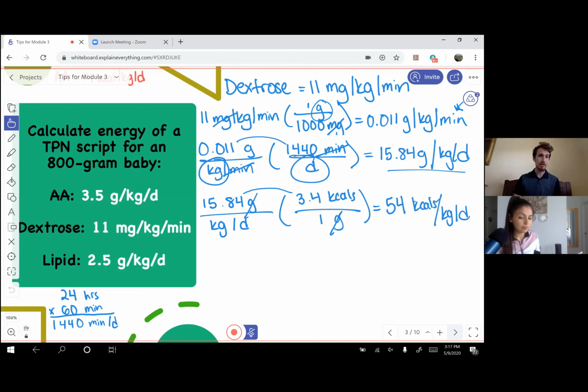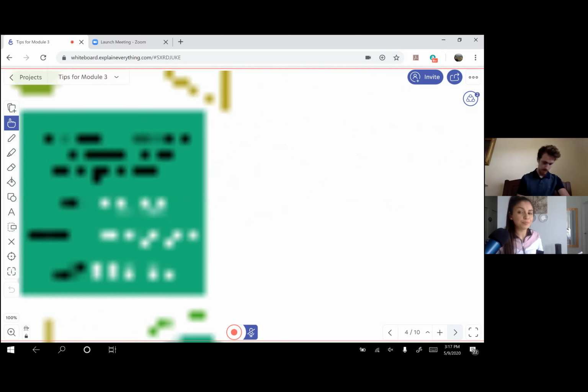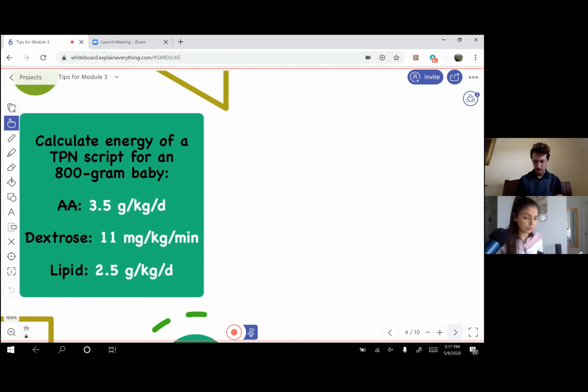Okay, so those are just a few more things to consider, but at the end of the day, it's not too rough. So let's go ahead and move on to the next slide and calculate our lipids. All right, moving on. Just so we don't forget, our amino acids was at 14 calories per kilogram per day, and our dextrose was 54 calories per kilogram per day.